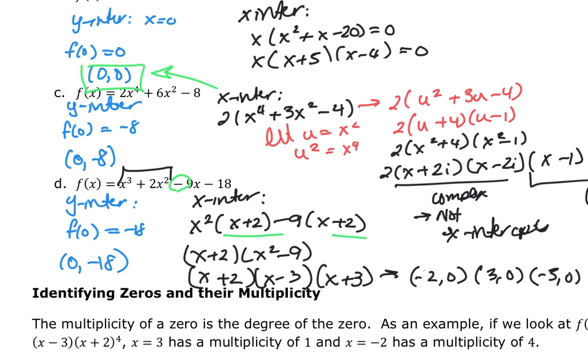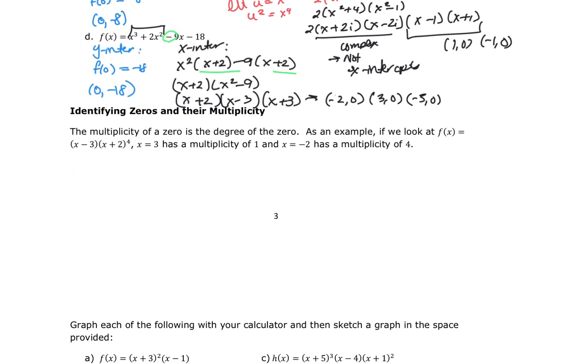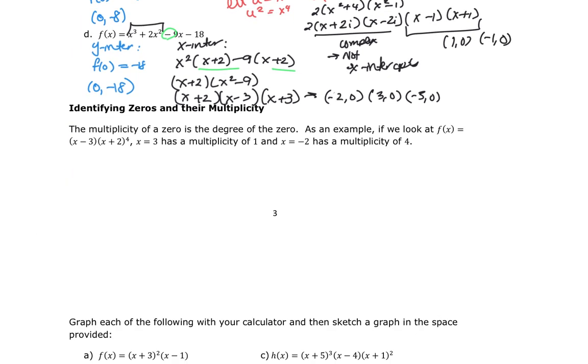Now, we talked a little bit earlier, just a few moments ago, about multiplicities, where the 0 has more than one. It's actually when I had x squared factored out, there was an x equals 0, and there was an additional x equals 0. We call those multiplicities. So if we take a look at this example, this x equals 3 has a multiplicity of 1 because there's nothing there, so it's an assumed 1.